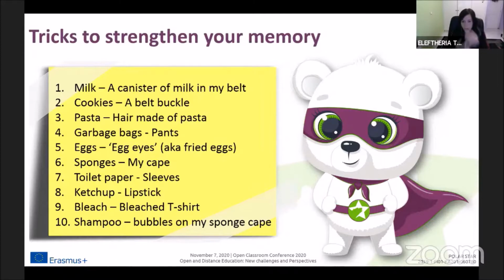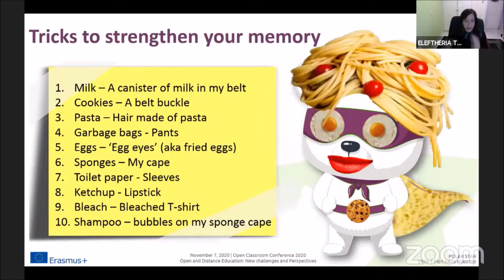So if I was doing that on myself instead of Polar, I would probably imagine myself going to the supermarket looking something like this. And this is the trick. You use your memory palace, so your body parts, and you attach the things, the memories you want, the things you want to remember. You place them in the different placeholders in your memory palace, and you do it in a way that is meaningful to you, using action and emotion.